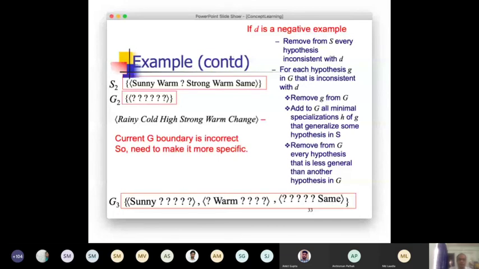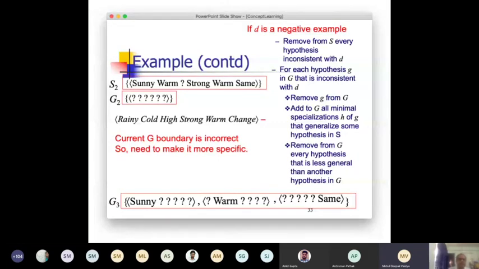So we need to change it. So you see that these are the most specific. I mean, I should say most general, and these are the least specializations that you can do from G2. Any question?